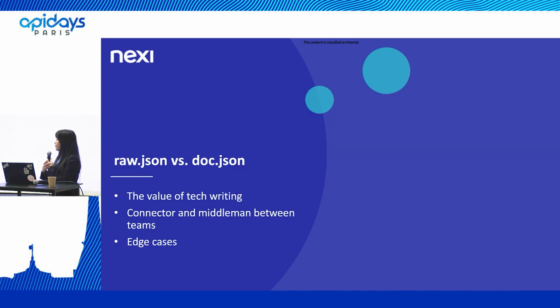So just to focus on these two JSON files and really the value of having a technical writer is that you would be a very important connector between a lot of the teams and making sure that you're getting inputs from many different sides. So both the developers, of course, product team, operations, but also support.